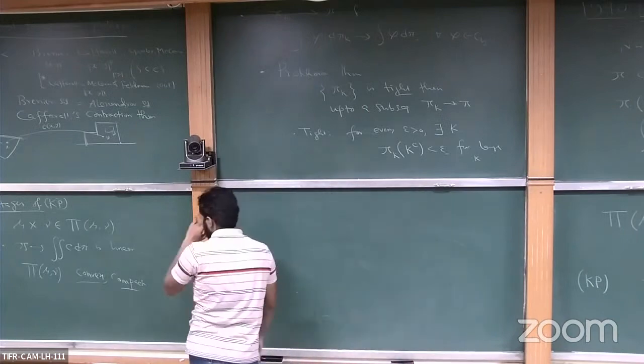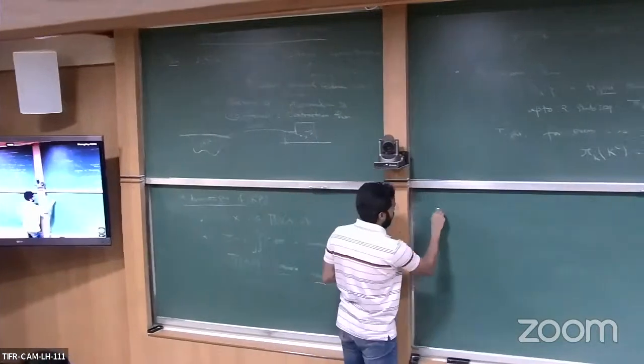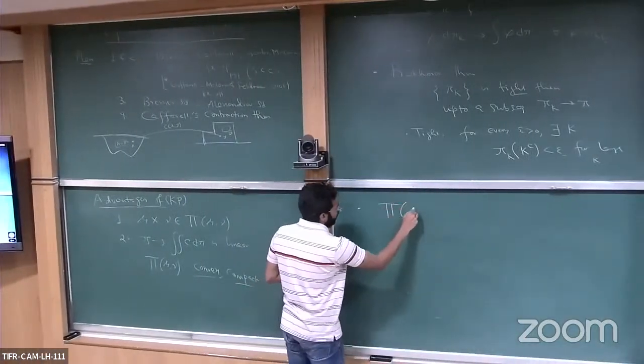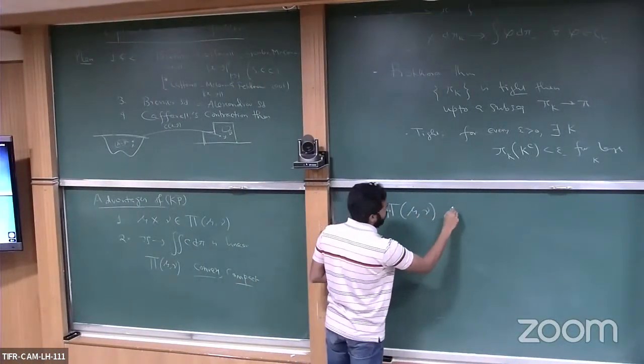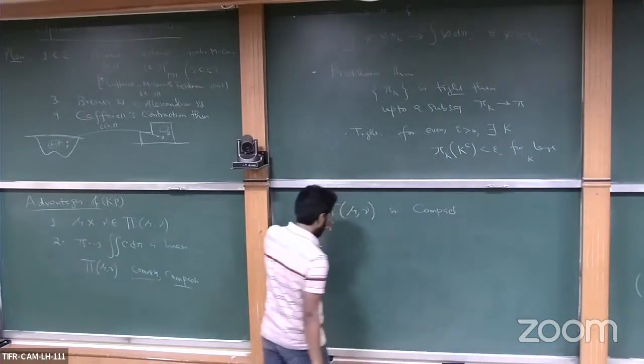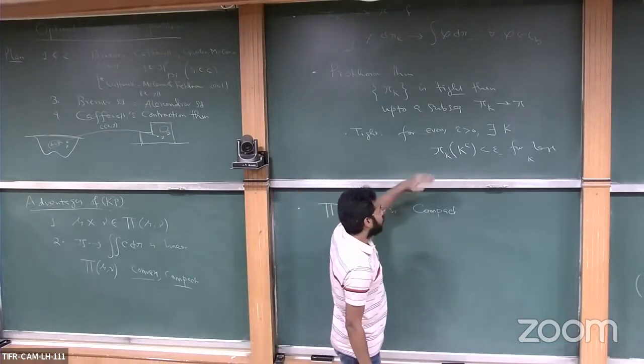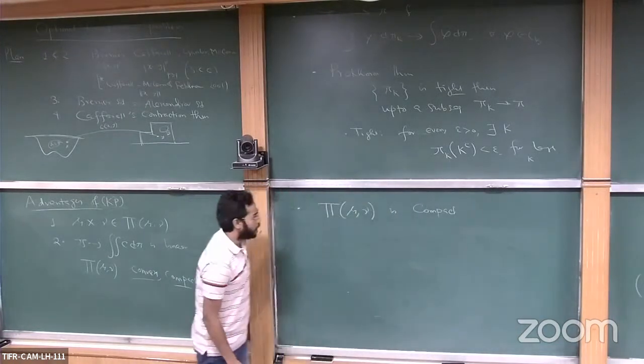All right. Okay. So as I mentioned, this set phi here is compact. So all we have to do is prove the tightness of this measure, right?